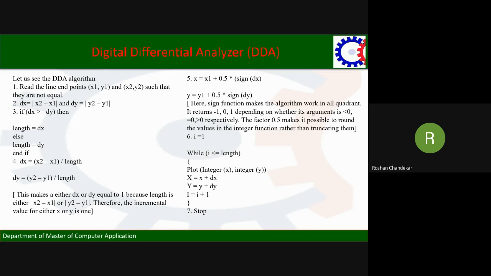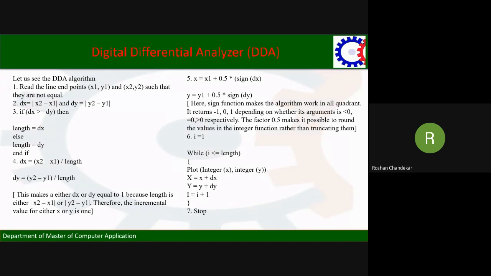And in the while loop of our algorithm, we generate the next pixel of our line. While i is less than or equal to length, we plot the value of x and the value of y, both integers, taken from point number 5.